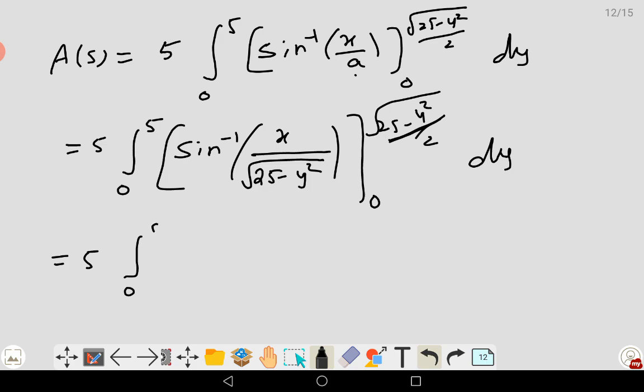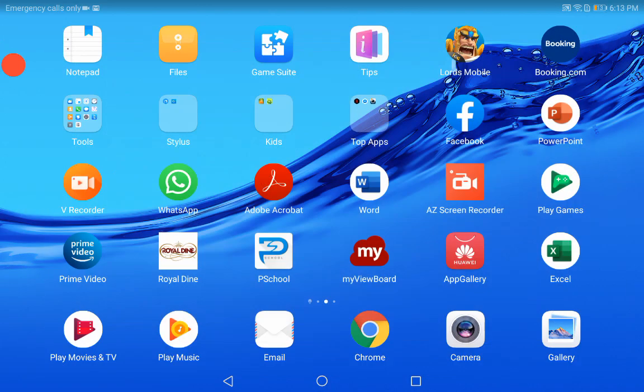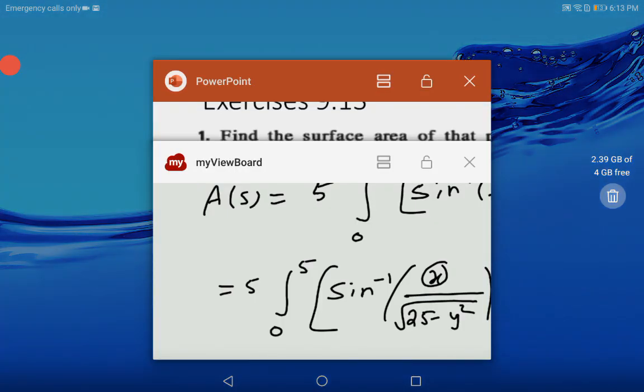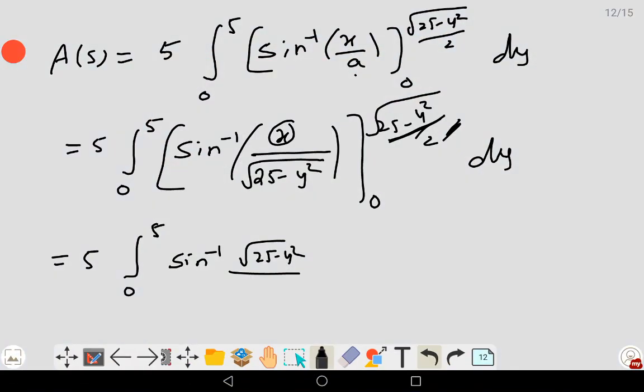What you get is 5 integral 0 to 5 sin inverse. This x will be replaced by the upper limit, so square root of 25 minus y square over 2, and this denominator is 2.